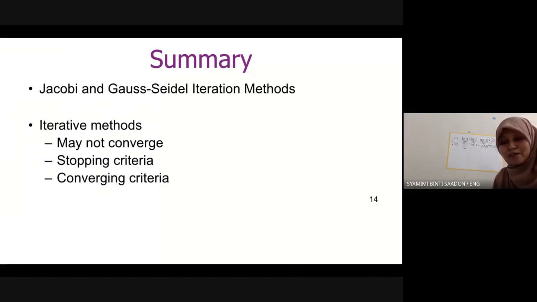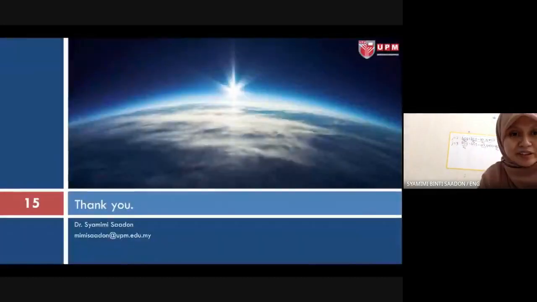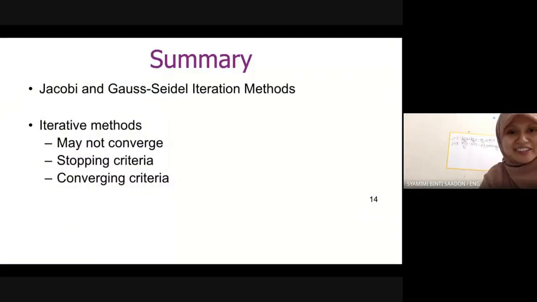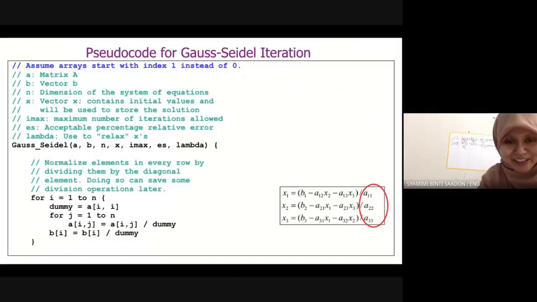It means you have to change your assumption, your percentage of error, or maybe your initial guess. So we have to play around with that. That's what numerical method is: we have to play around with the values and numbers. So we have to set the stopping criteria or converging criteria.